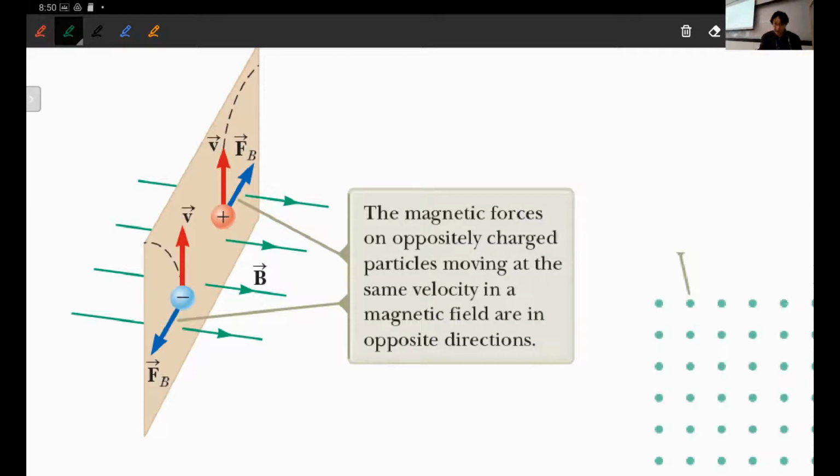Let's look at the positive charge first; the negative charge will come toward the end very easily. If the velocity of this positive charge is upward, that's the red arrow pointing up, so the magnetic field goes to the right and the positive charge goes up, perpendicular to the field. It turns out the force is pointing into the page.